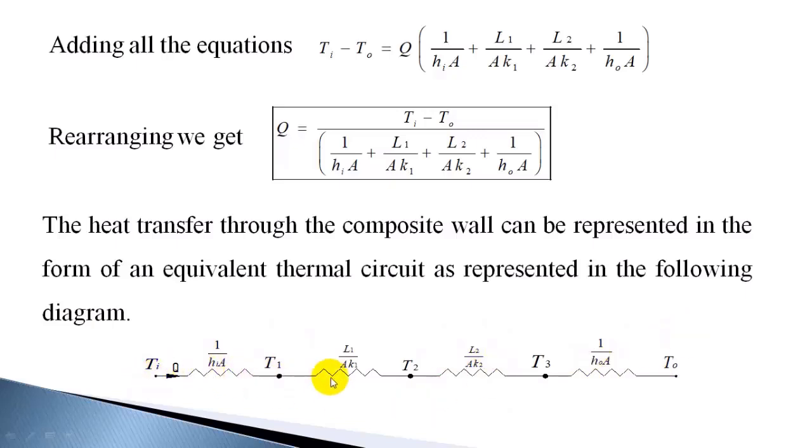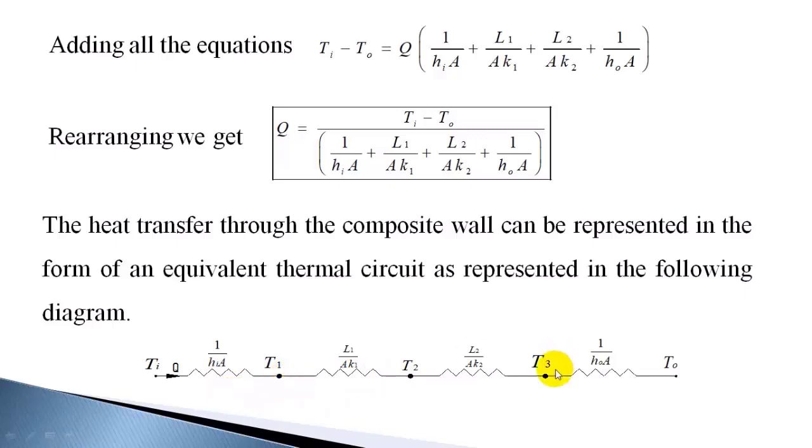Suppose you are taking Ti and T2. Ti minus T2 divided by only these two resistances, so you should add and divide: Ti minus T2 divided by 1 by hi A plus L1 by A K1. That will give Q. Similarly, any two points you can take, and that difference in temperature divided by the summation of the resistances in between the two points.